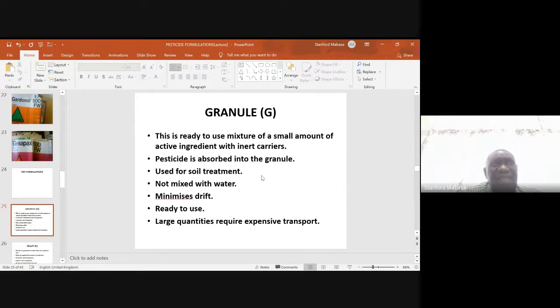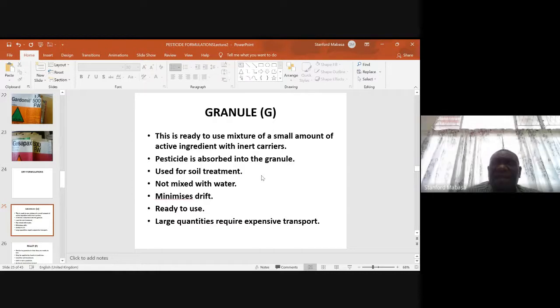But the downside of granules is that they are heavy. Large quantities may require expensive transport. Yeah, in Zimbabwe, we used to have atrazine, which was in the form of granules.